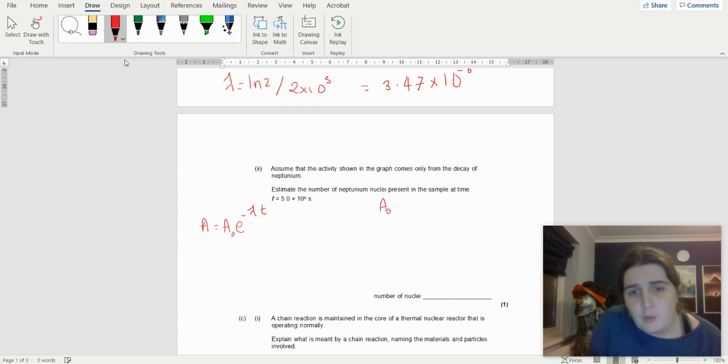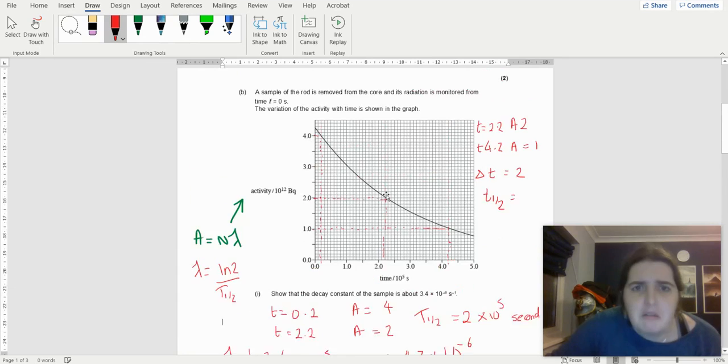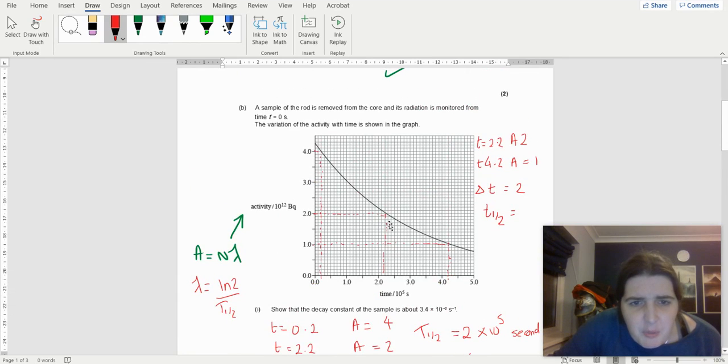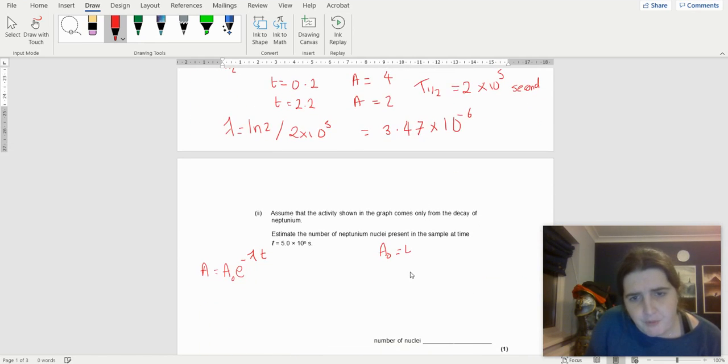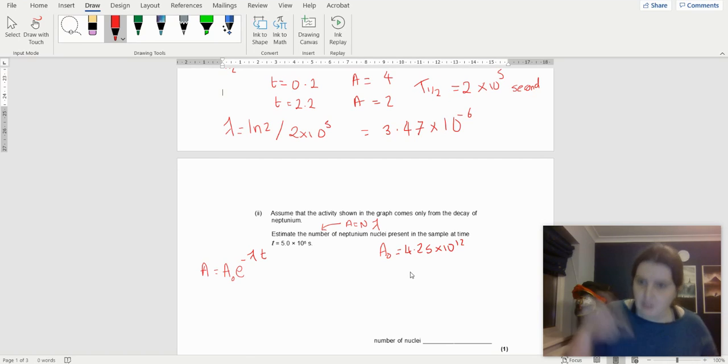So A naught is approximately, going up here, 4.25 times 10 to the 12, okay? I need to find my activity because I want the number of nuclei. And remember, I said earlier that activity equals N lambda. So if I can find the activity at that time, I know how many particles I had.